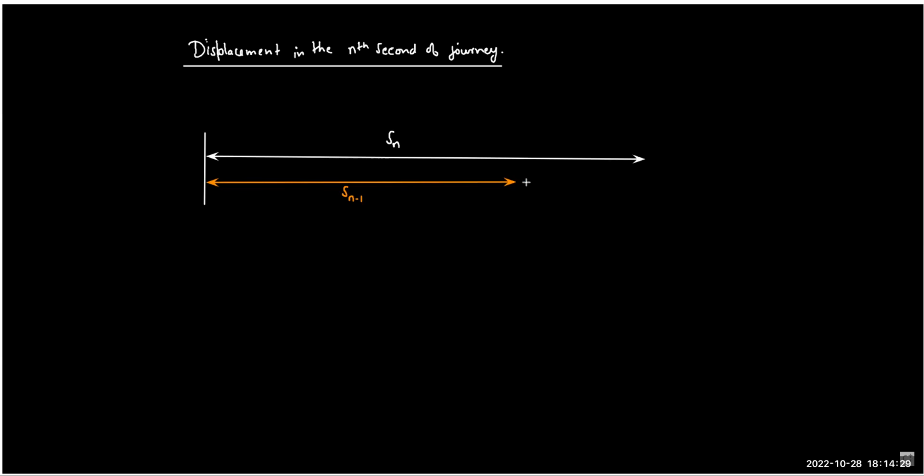Then this is called the journey traveled in the nth second, the last second. So when I say nth, it means out of n seconds, what you travel in the last 1 second of that n seconds. And we assume uniformly accelerated motion.